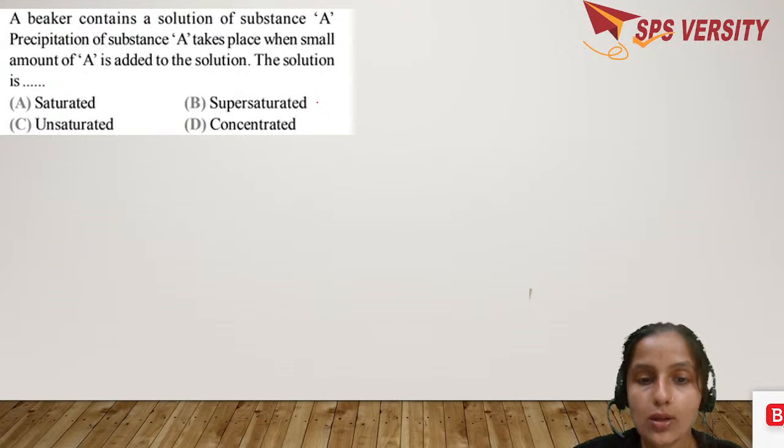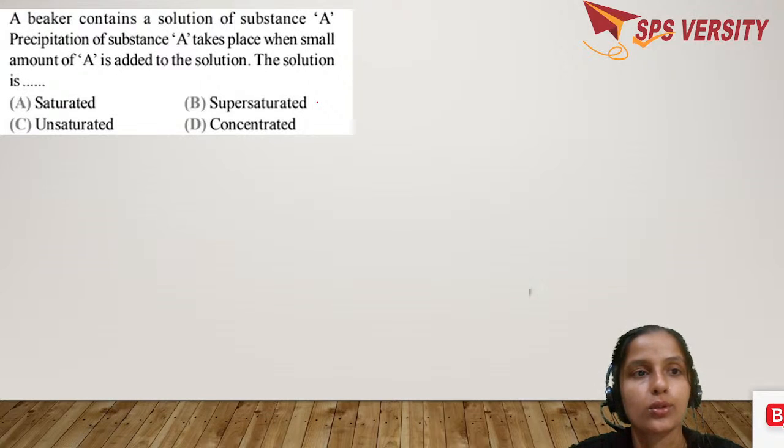A beaker contains a solution. Precipitation of substance A takes place when a small amount of A is added to the solution.